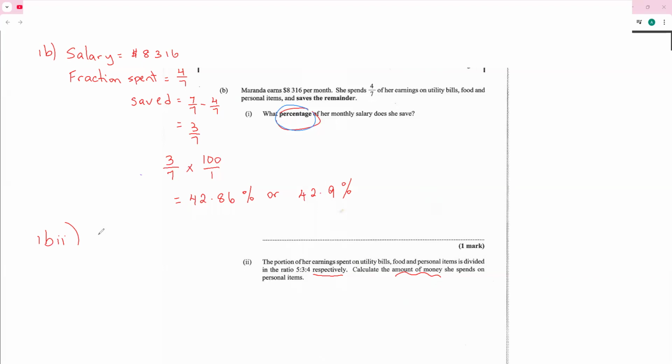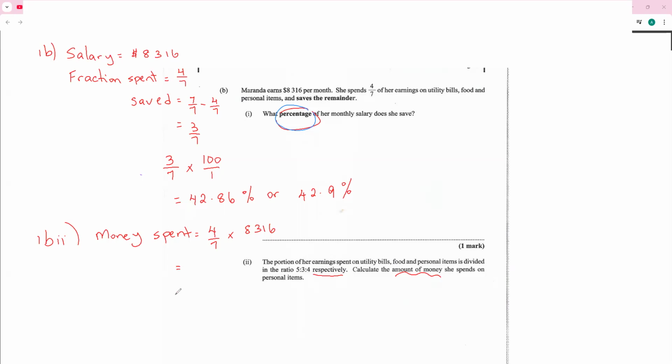So the money spent was actually 4 sevens of her earnings. So 4 sevens of means to multiply. Her earnings would have been 8,316.